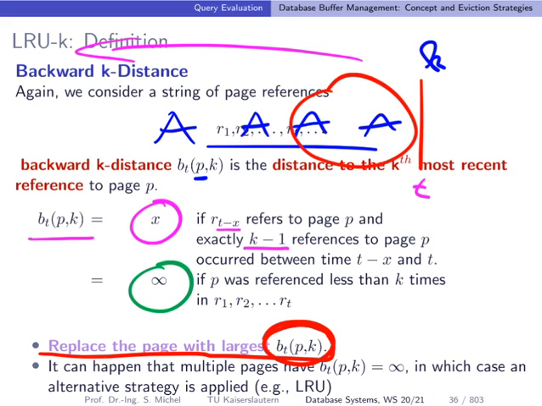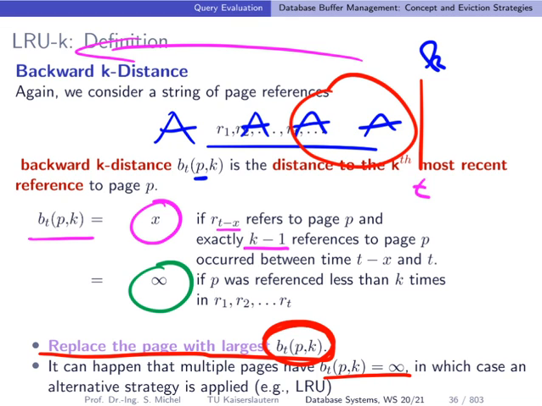And if at some point we have many pages that have an infinite one, we can again apply another strategy to distinguish between multiple pages with the same value. For instance, we could go back to LRU or any other strategy, or just randomly kick out one page. So that's an important modification to LRU for practical purposes.